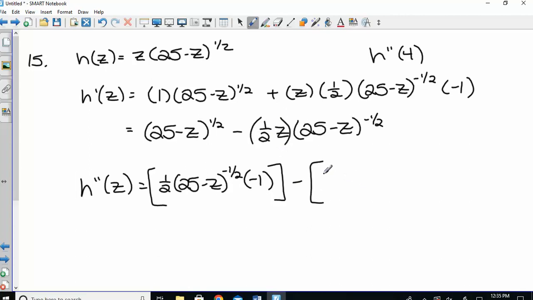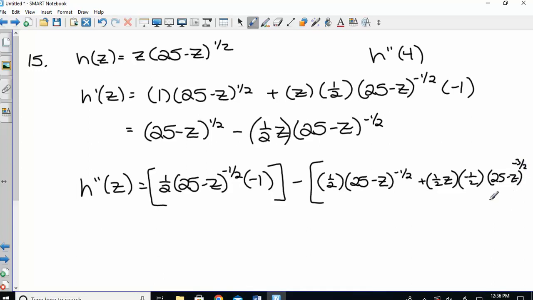Derivative of the first, derivative of 1/2 z is 1/2, times the second, plus the first, I wrote too big, derivative of the second. So the -1/2 comes down, inside stays the same, subtract 1 from the power, times derivative of the inside, which is -1.